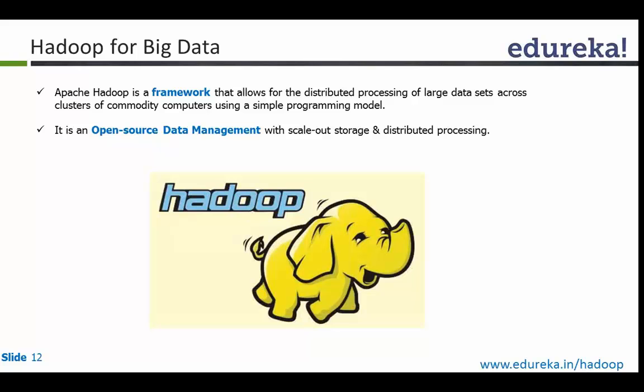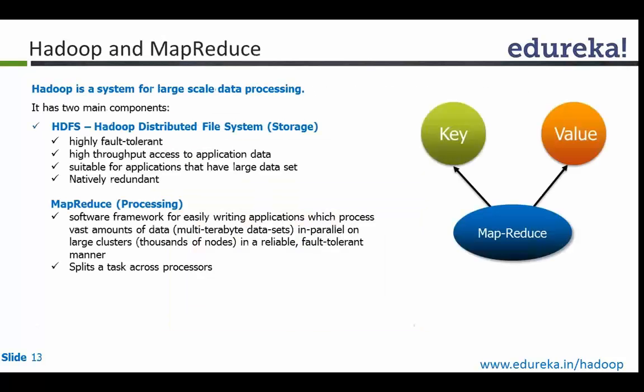So he picked up the idea from his kid's toy and mentioned it as a pet project to start with, and then eventually formalized it as Hadoop. So that's how Hadoop came across, and it is an open source data management, data storage, and processing platform which can scale out to unlimited needs in a distributed fashion.